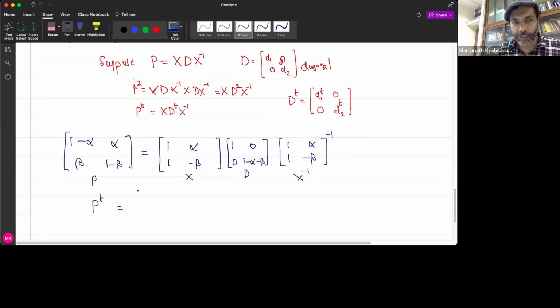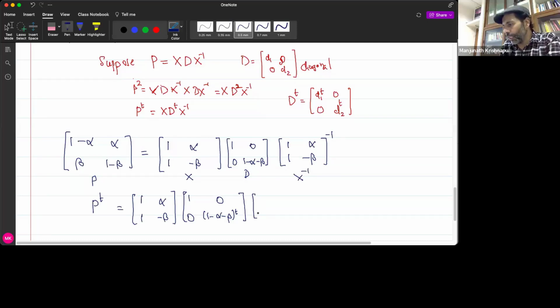As we said, it will be just this 1, 1, alpha, minus beta. X will remain as it is. You raise D to the power T, which is 1, and then 1 minus alpha minus beta to the power of T, and 0 and 0 here. Okay, and then we have X inverse.